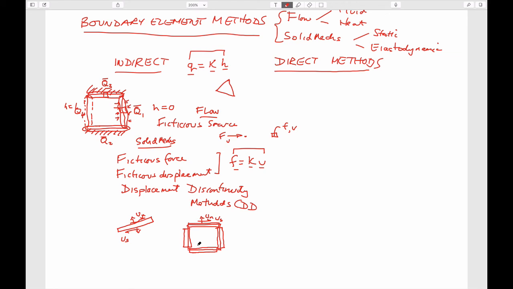And so we'll do an example. We've spent too long talking about this already to do that. Direct methods are called direct because you solve directly.